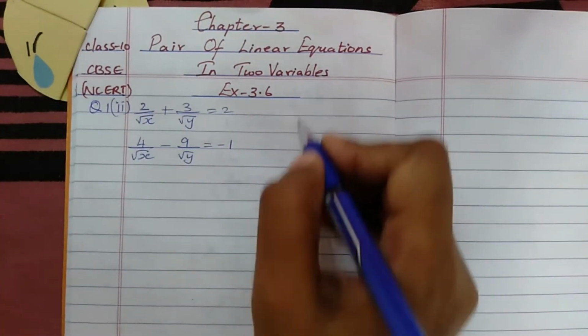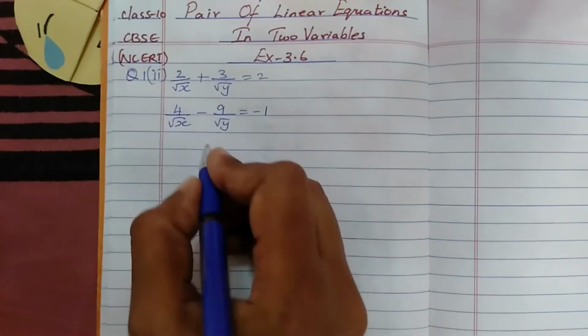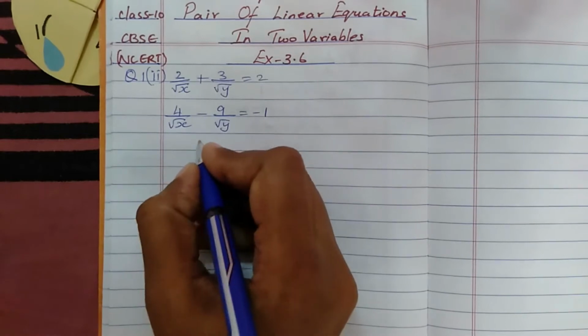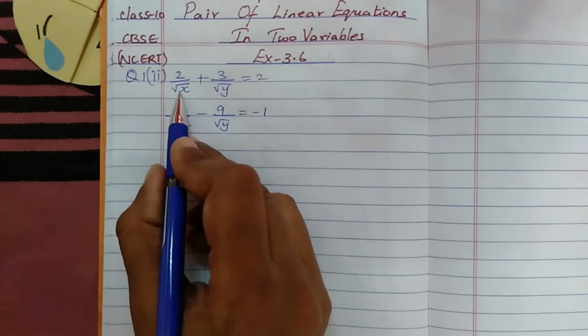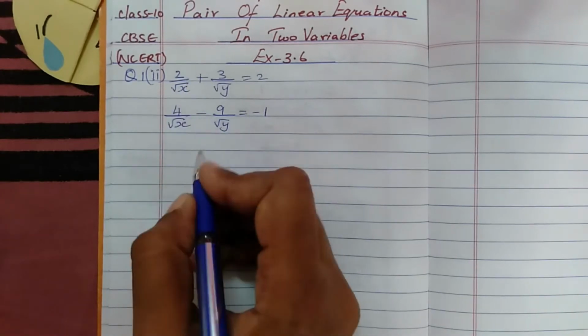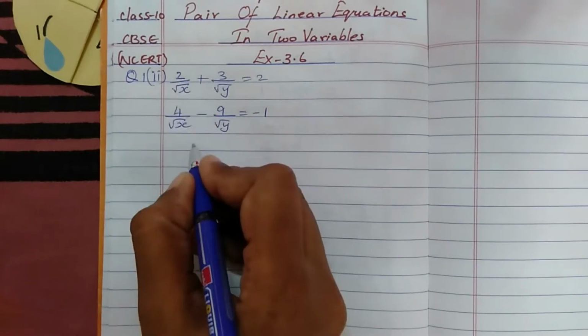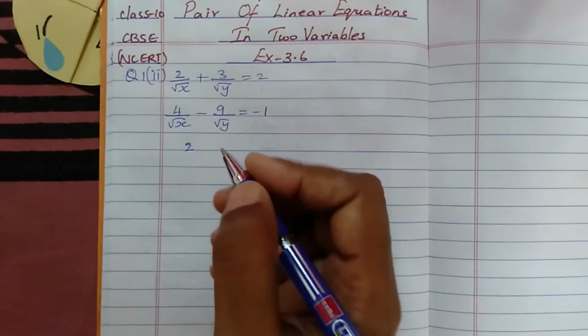So, what we need to do now? For example, if you take this term, 2 by root x, here we don't have two denominators. So, how will we go about it? You can split this.